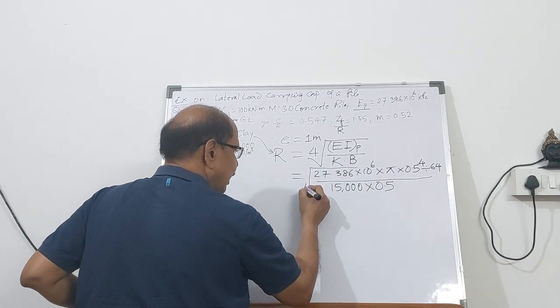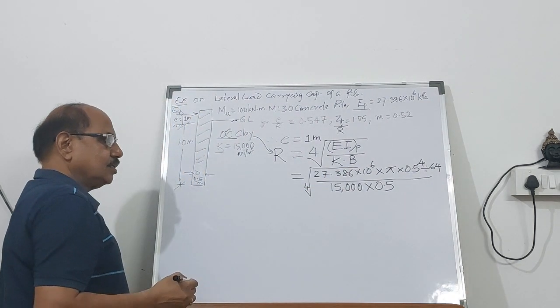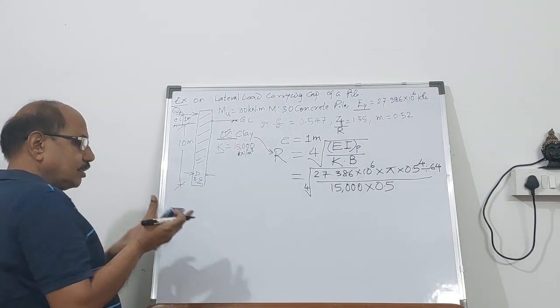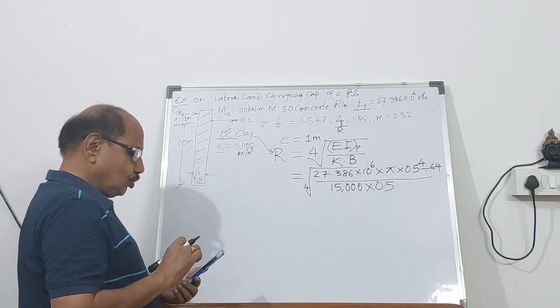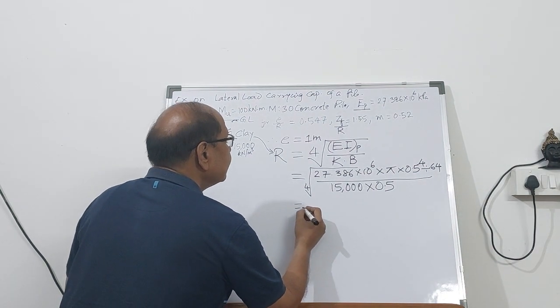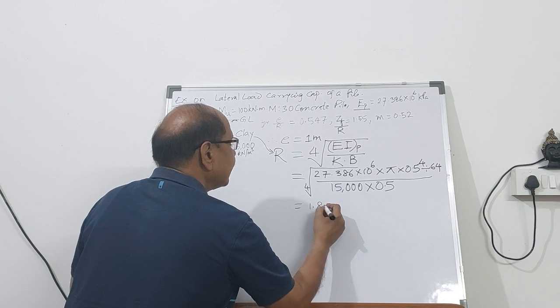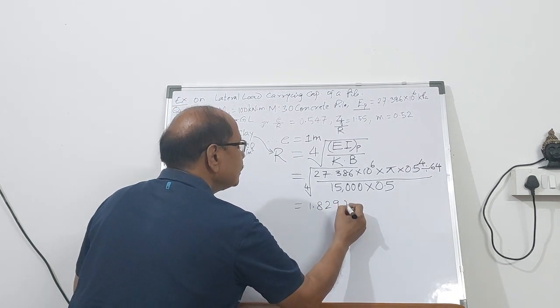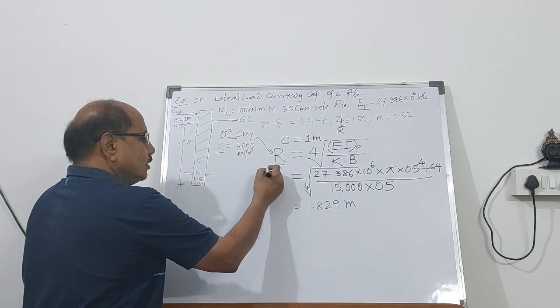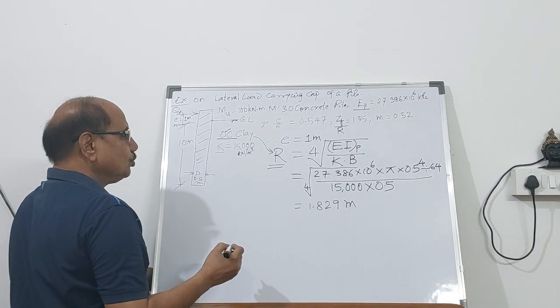You need to find out the fourth root of this. If you calculate and substitute all the values, you will get 1.829 meter. So the value of R, the relative stiffness factor, is known to you.